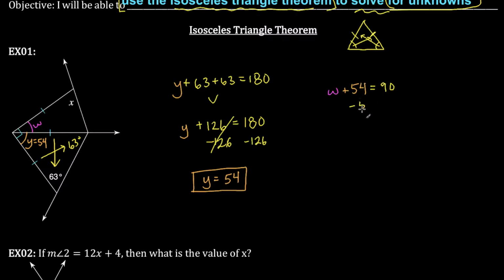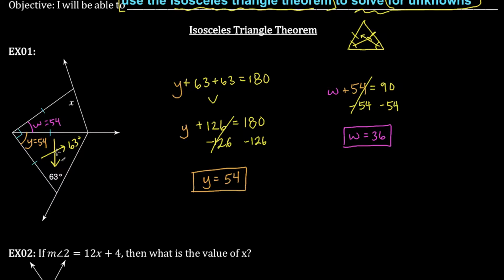So I need to take away 54, and W equals 90 minus 54, which is 36.